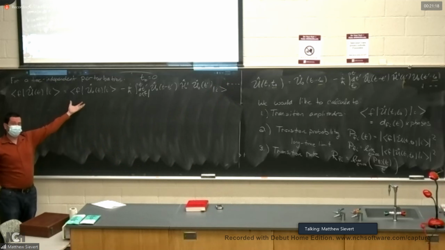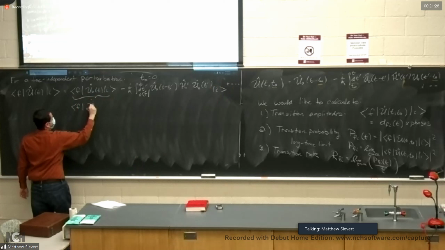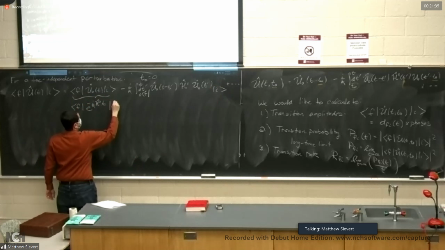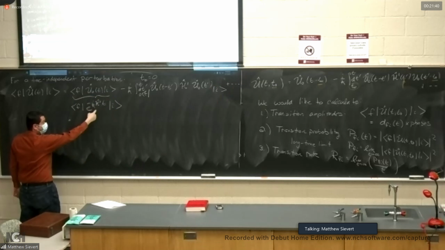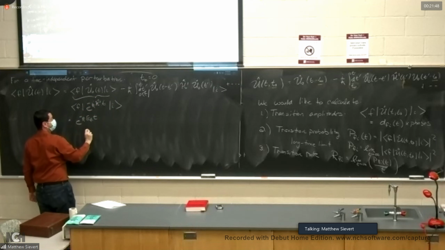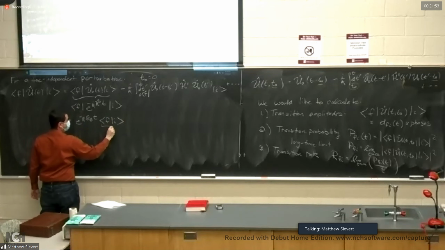So if these initial and final states are eigenstates of the bare Hamiltonian, then this quantity, for instance, is just final e to the minus i over h bar, bare Hamiltonian H naught, t, I. So this quantity is an eigenstate of the bare Hamiltonian, so this is just, let's say, e to the minus i over h bar, energy of the final state times time, times the overlap of final with initial, and this is just a Kronecker delta.